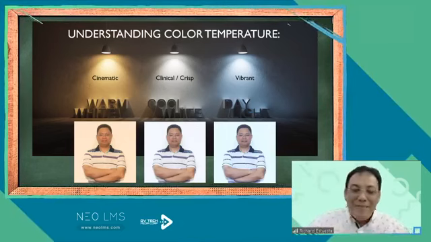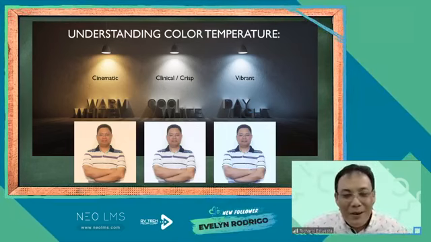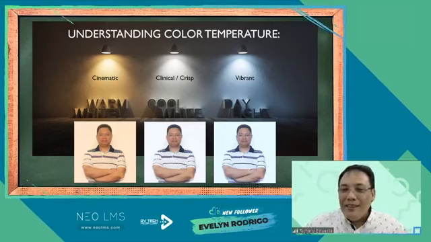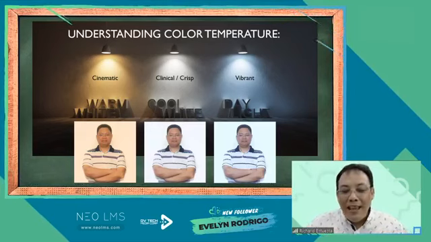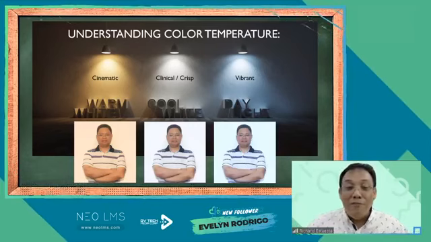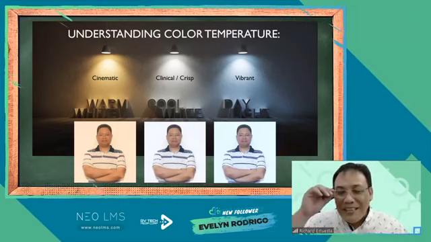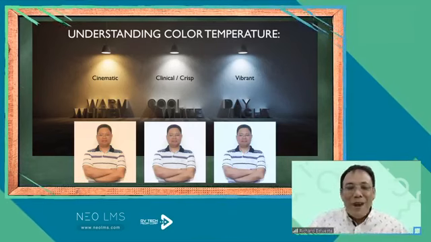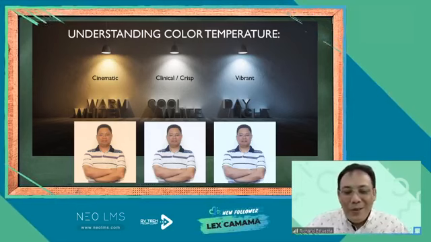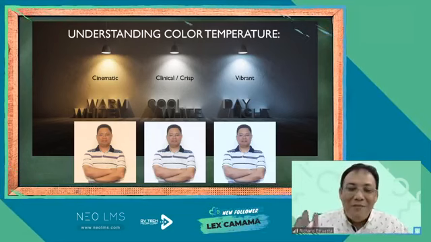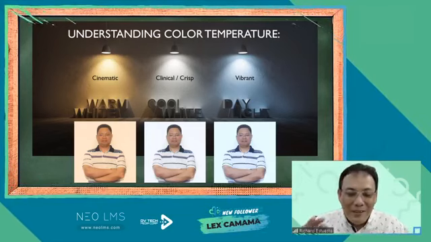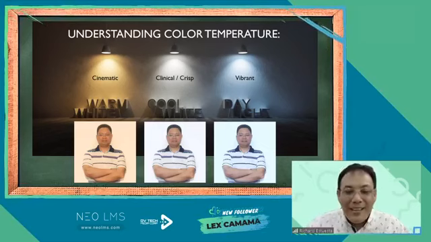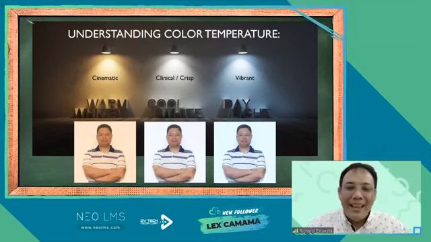So in layman's terms, what are we trying to do here? If you are putting it in warm light, my gosh, your skin will be flawless. Okay, it's very cinematic. It's a little bit on the brownish side. So again, you will look very, very flawless. If you want to look that way, then by all means, consider the warm lighting.